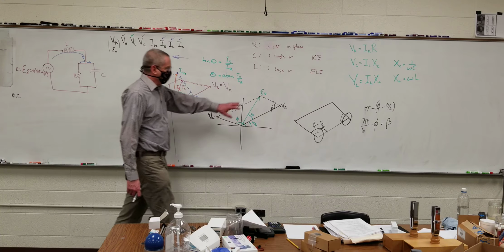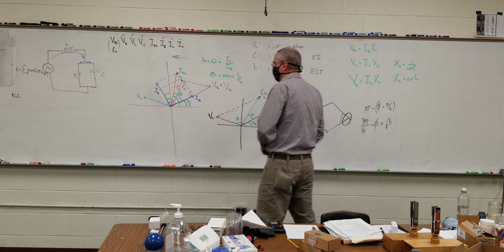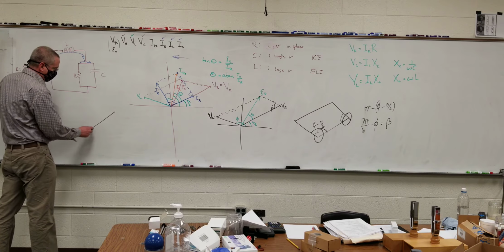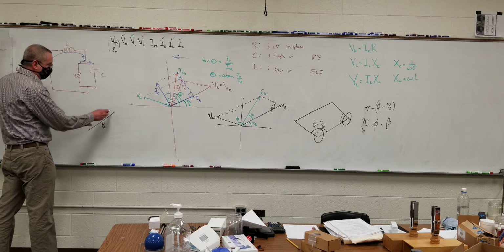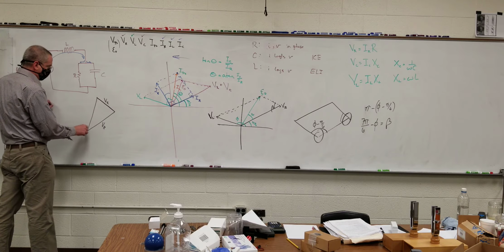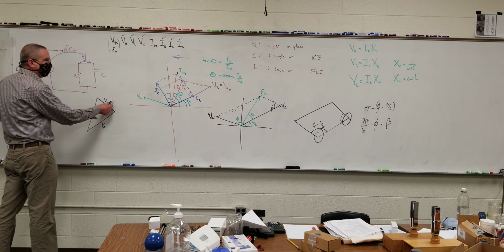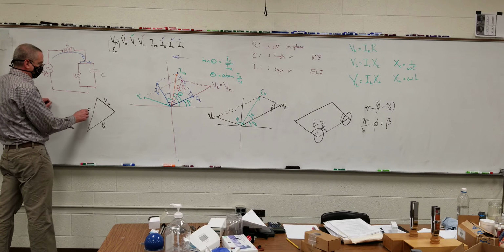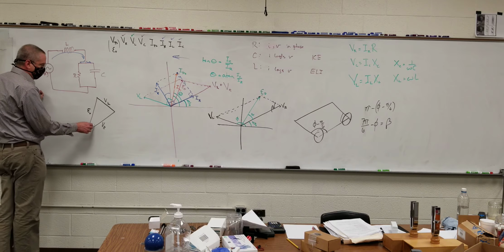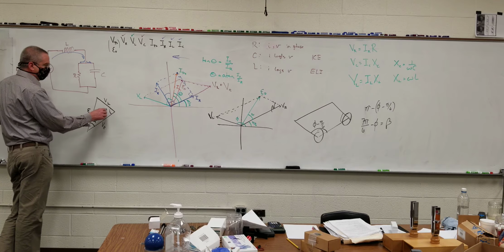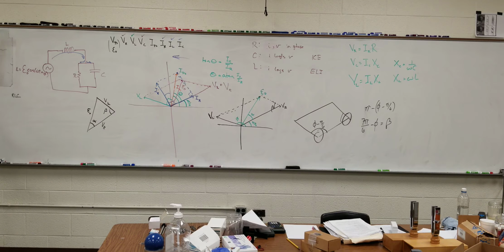Now let's zoom in on just this triangle right here. So I got VR, this length here is VR. This length here is VC. And this length here is, sorry, VL. And this length here is epsilon sub naught. I'm trying to figure out alpha. I know this angle here is beta, which in theory I already know what the number is, given enough information.